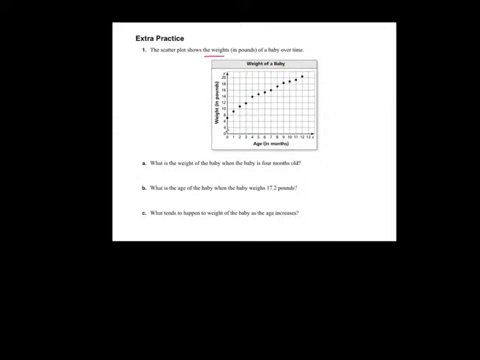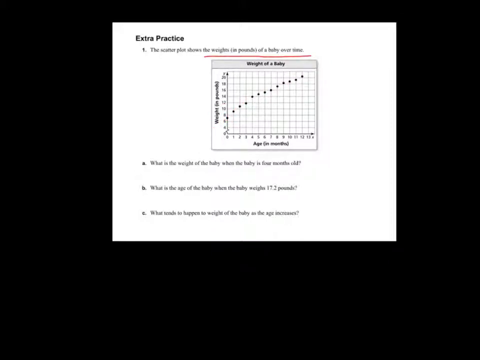The first thing that we talked about was the actual word problem part of this, and we talked about that as a baby increases in age by month, then its weight would also hopefully increase. So if as x increases, y increases, that's what's going to cause our data to slope up.